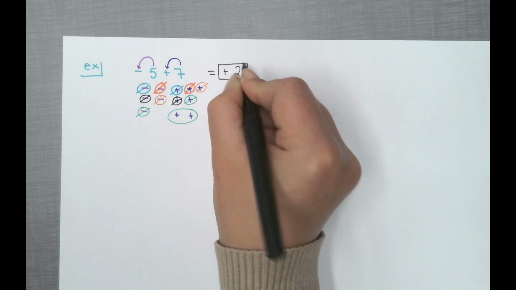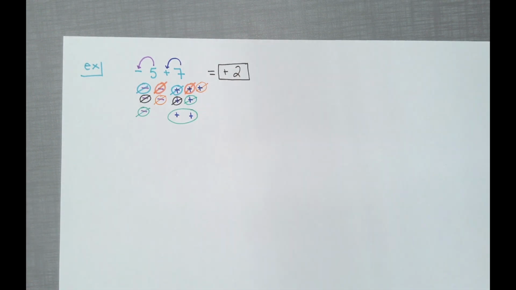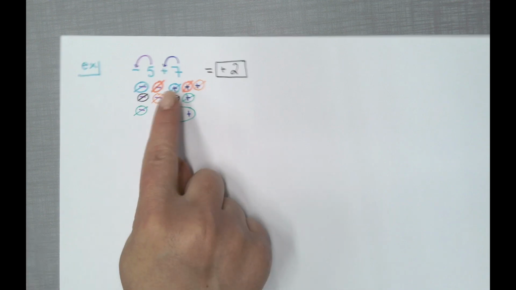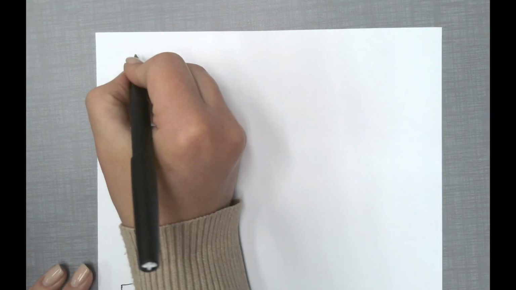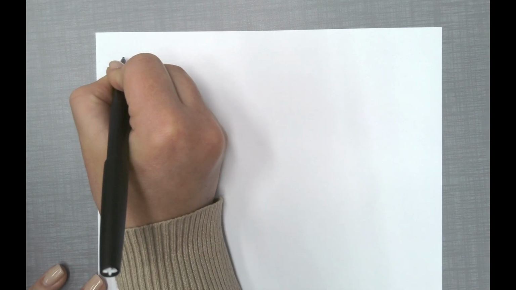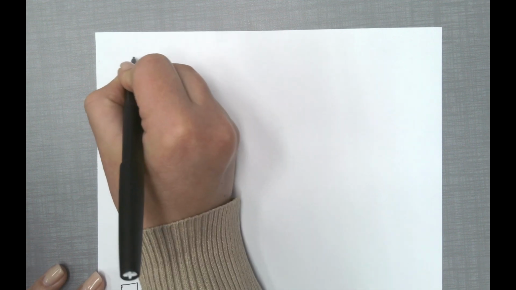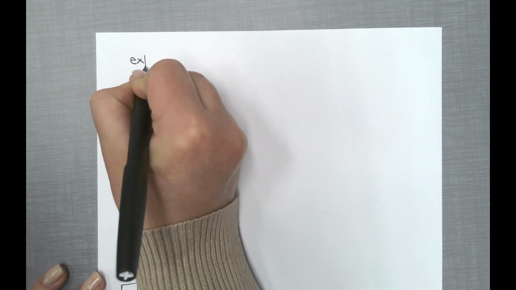Now I'm going to show you another way to do this, which is a little bit less messy when it comes to 0 pairs. I'm going to shift this over. So let's say we have bigger numbers, like let's do 8. This is an example. Again, the numbers on your homework are going to be different.